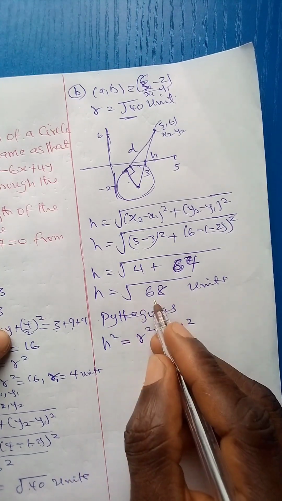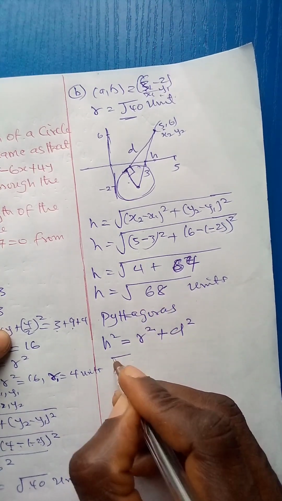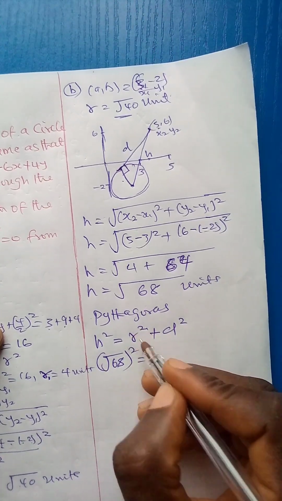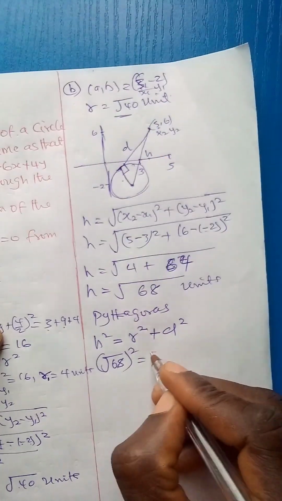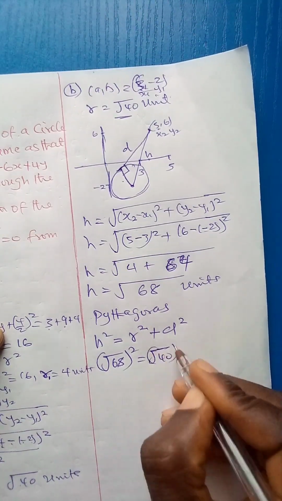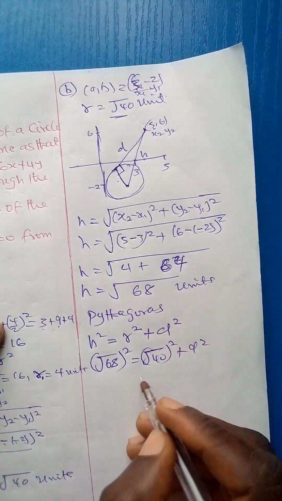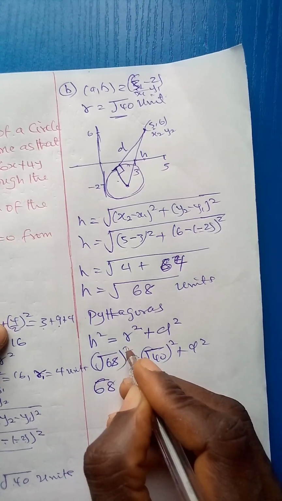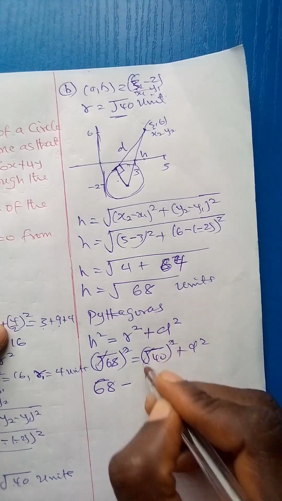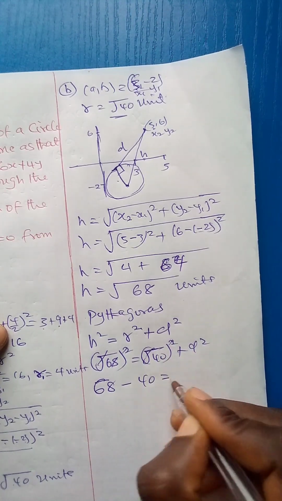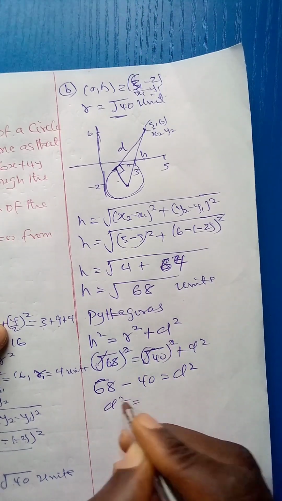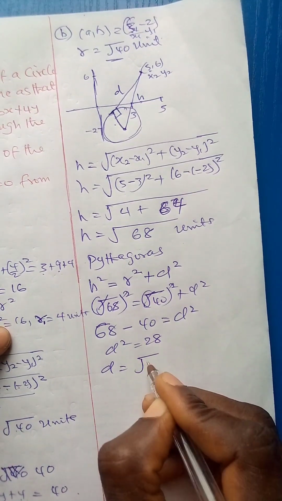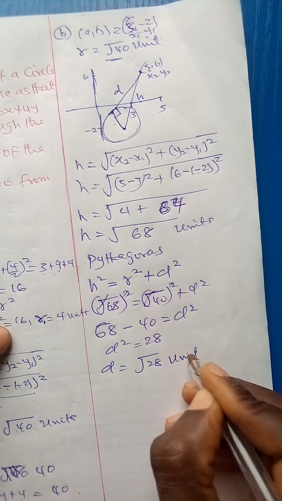Then we have this h squared as root of 68 all squared is equal to r squared, this is root of 40 all squared, then plus d squared. Now, making d squared the subject, we have 68, because this and this will cancel out, minus this and this will also cancel out, giving us 40 here, equals d squared. So d squared equals 68 minus 40, which is 28. And then d is the square root of 28. So we have square root of 28 units.